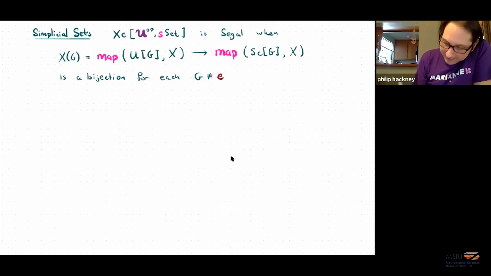And let's not have bijections. That seems bad. Let's replace that with weak equivalence. So these are both sets now, or both spaces.